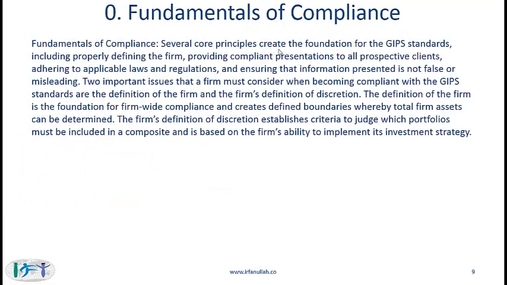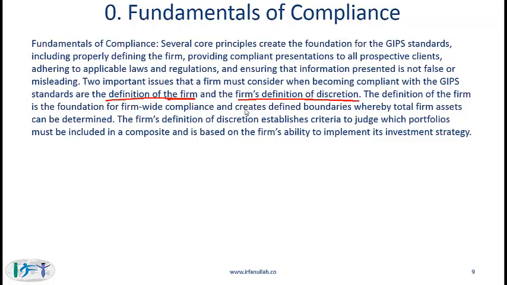Several core principles create the foundation for the GIPS standards, including properly defining the firm, providing compliant presentations to all prospective clients, adhering to applicable laws and regulations, and ensuring that information presented is not false or misleading. Two important issues that a firm must consider when becoming compliant with the GIPS standards are the definition of the firm and the firm's definition of discretion.